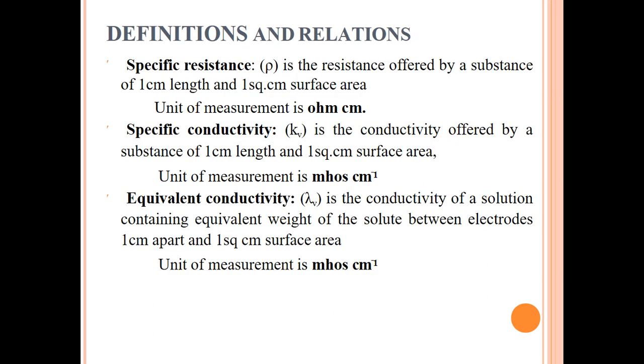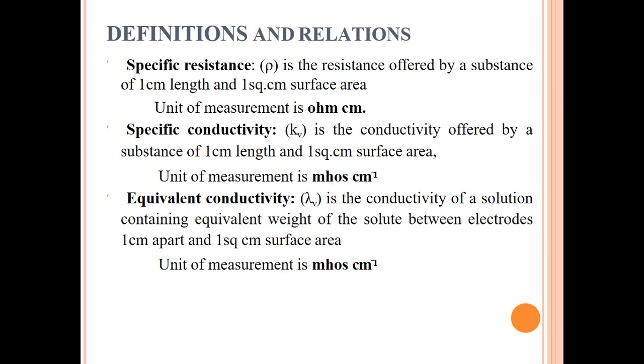Now we are just defining some relations and some important terms which we will use further in the conductometry. So the next term is specific resistance, rho. Specific resistance is the resistance offered by a substance of 1 centimeter length and 1 square centimeter surface area.